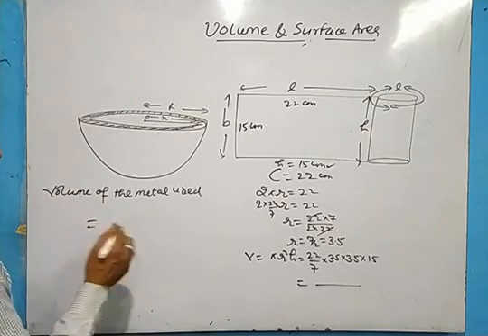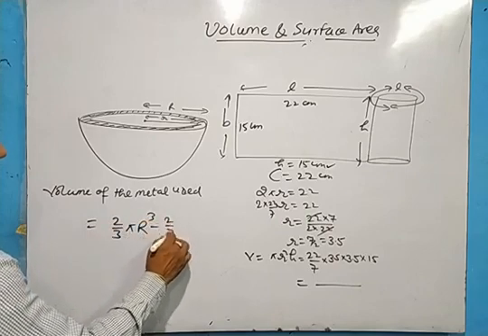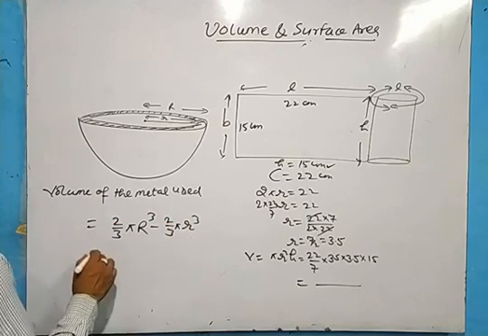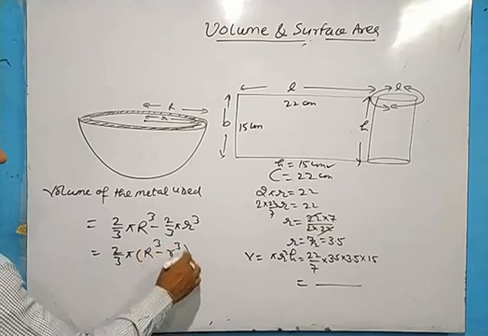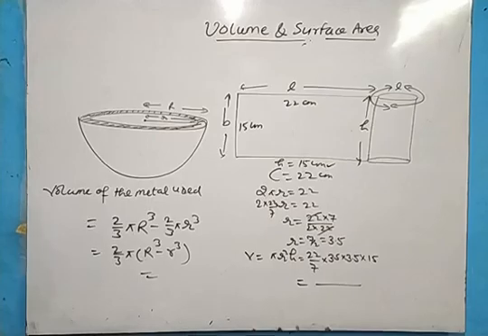So the volume of a hemisphere is 2 by 3 pi R cube minus 2 by 3 pi small r cube. Big one minus small one. So 2 by 3 pi is common, so we can write R cube minus r cube. This will be the formula for finding the volume of the metal used.